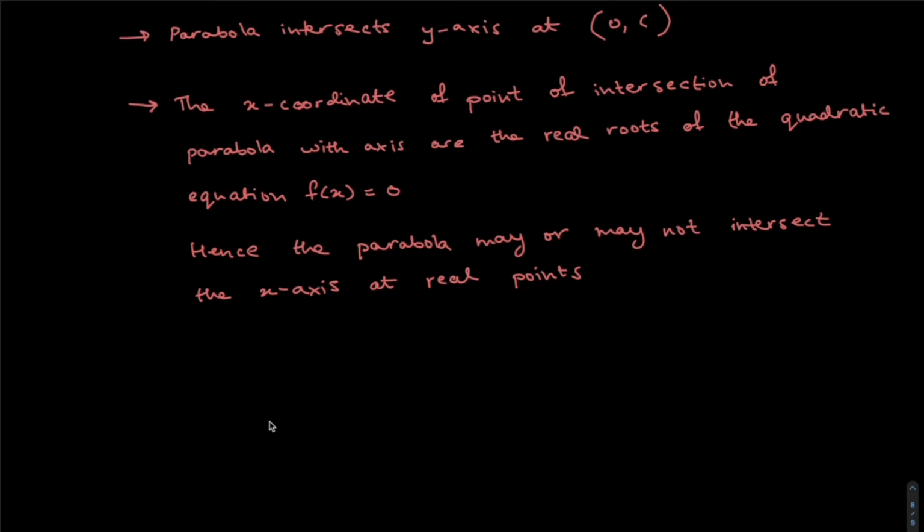What are the values of f of x between the roots, and what are the values of f of x on the other side of the roots? Again, what I'm saying may make no sense to you right now because I'm not visually explaining it. But in the next video, we'll take a look at that, which will further strengthen your conceptual understanding of polynomial functions and parabolas.